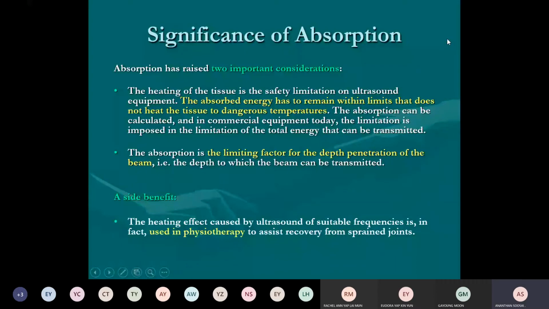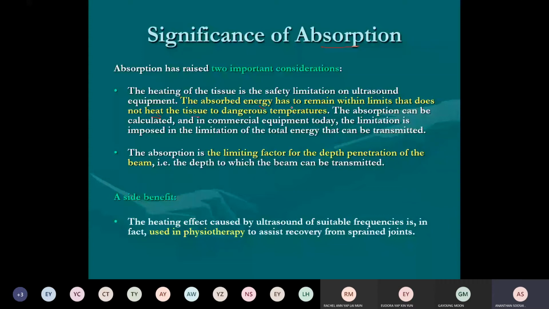Now we're going to talk about the significance of absorption. Sound enters the medium and bone absorbs most of the ultrasound. When the ultrasound is absorbed by the material, the energy can heat the tissue. If the absorbed energy is too large, the amount of heat is going to be greater, so it might damage the tissue.